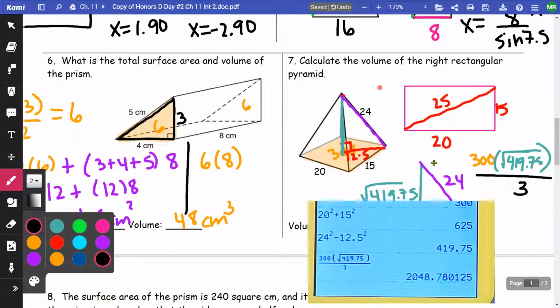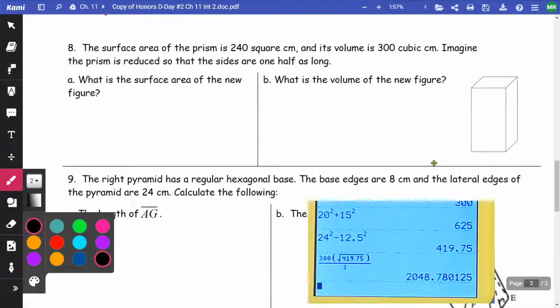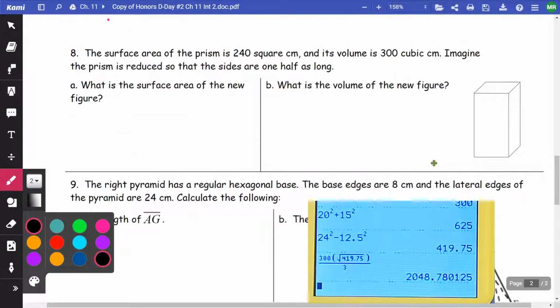So on number 8, the surface area of the prism is 240 square centimeters. Its volume is 300 cubic centimeters, and it's reduced so that it's 1/2 as long. So I want to think R squared, R cubed. If I'm making all my sides 1/2 as big, that's my scale factor.